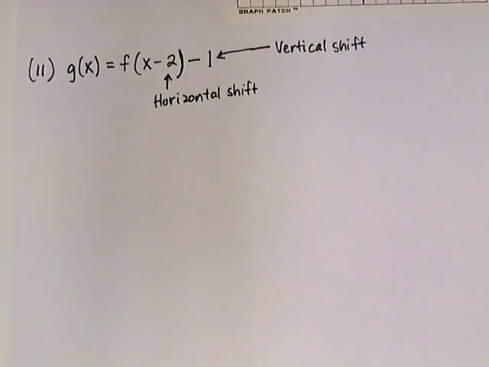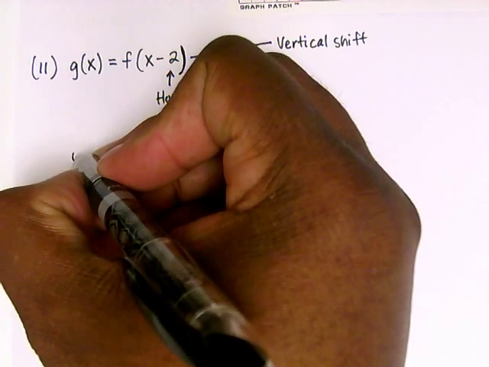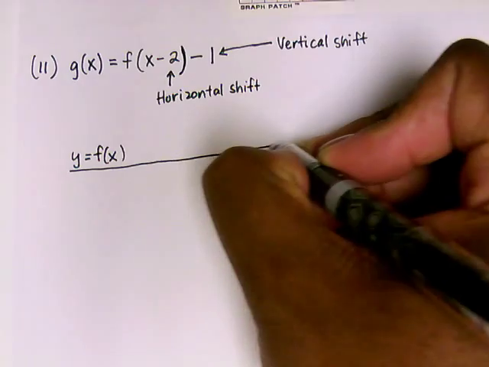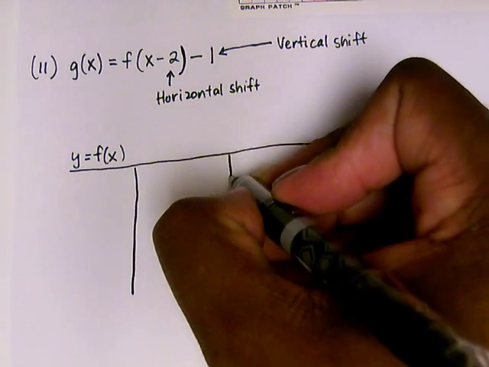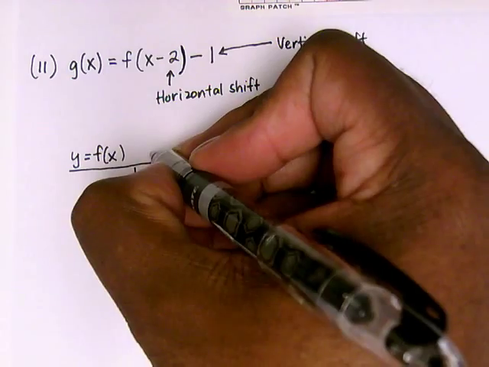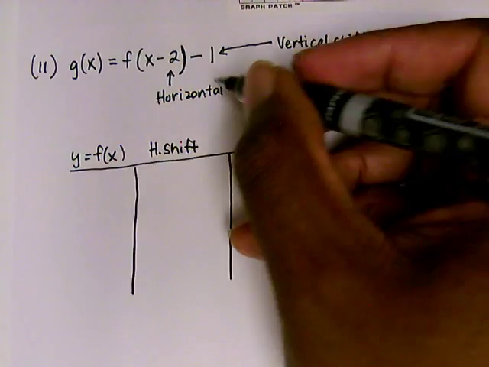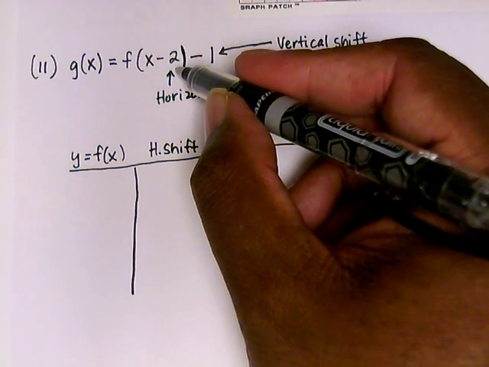Okay. Now here I'd like to make a table. The first column is y is equal to f of x. Those are my ordered pairs. We do the horizontal shift first. And it says a minus 2. Anything horizontal means you have to do the opposite.